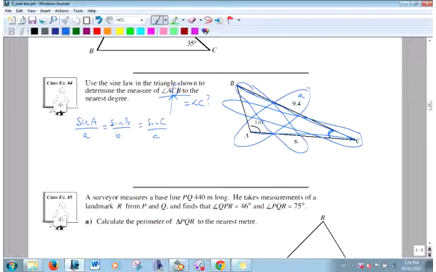All right? So what do I do first here? Yeah, I know angle A is 110, and I know a is 9.4. This is what I'm trying to find. But do I know a little c? No, I don't.